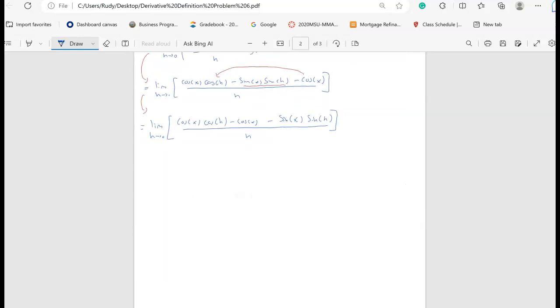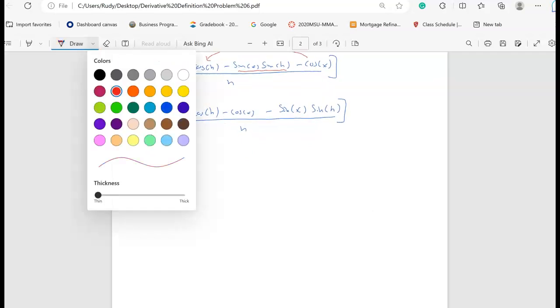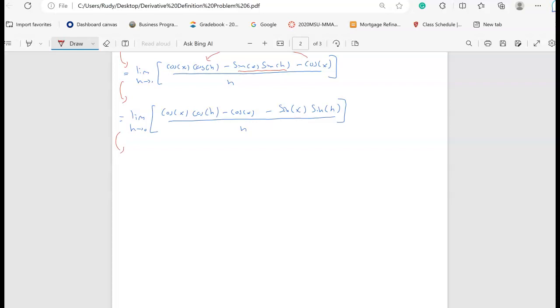So in this case, I'm going to separate the expression into two limits, and this is going to be equivalent to the limit as h approaches 0 of the cosine of x times the cosine of h minus 1 divided by h, minus the limit as h approaches 0 of the values of sine of x times the values of sine of h over the values of h.